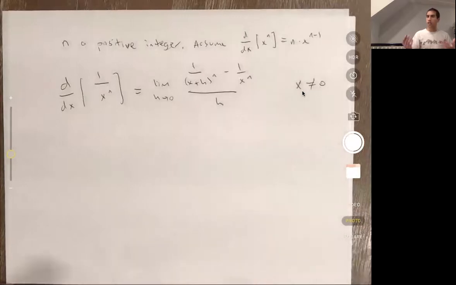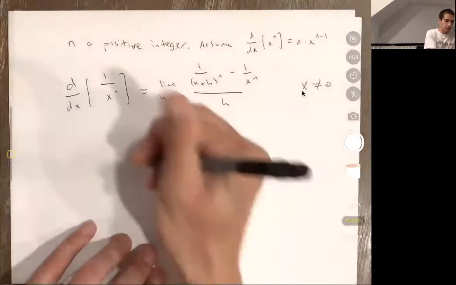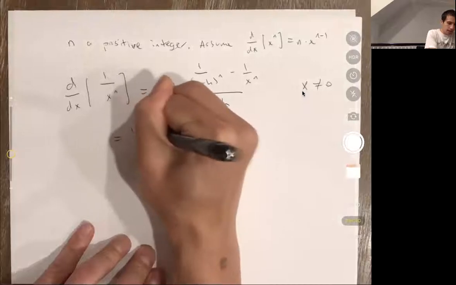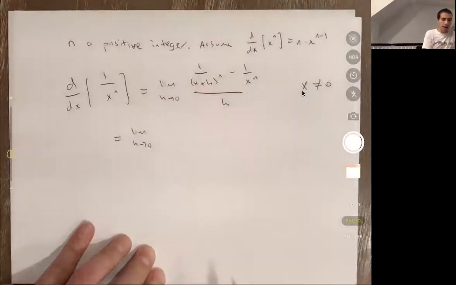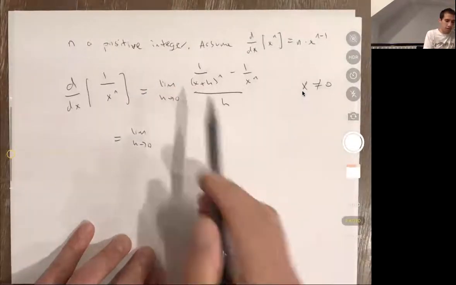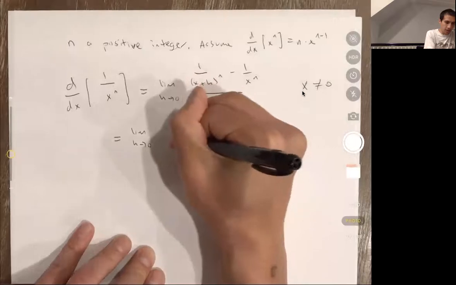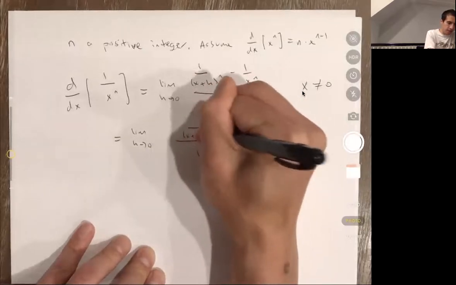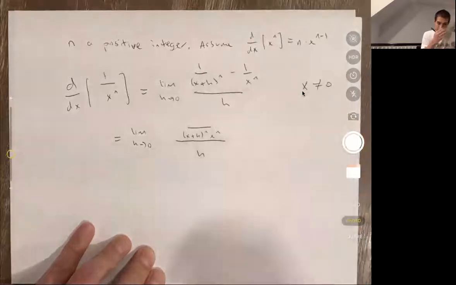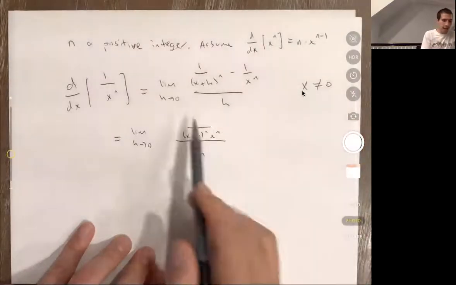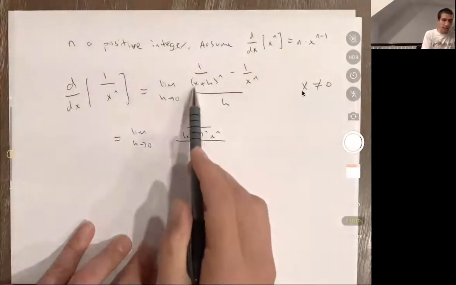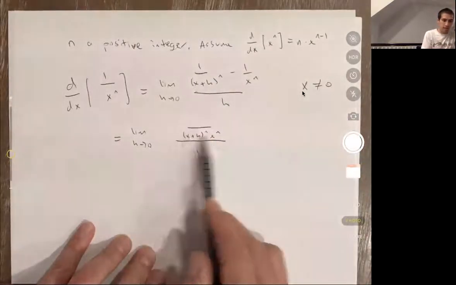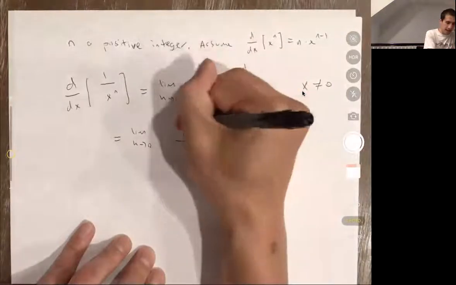So if I have fractions, a way that I can simplify this is to find a common denominator, right? So this becomes the limit as h goes to 0. Now the common denominator is the product of these two things. So the whole thing's still going to be over h, and then my common denominator is going to be x plus h to the n times x to the n. What do I get when I put this term over this common denominator? I get x to the n.